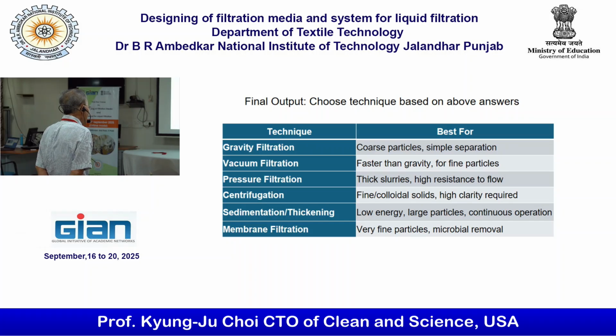What about fine colloidal solid, high clarity required? Then centrifugation is appropriate, right? And sedimentation thickening: low energy, large particle, continuous operation. Last one is membrane filtration. This is really for fine particle, microbial removal, certainly.